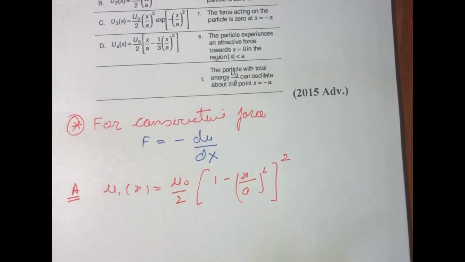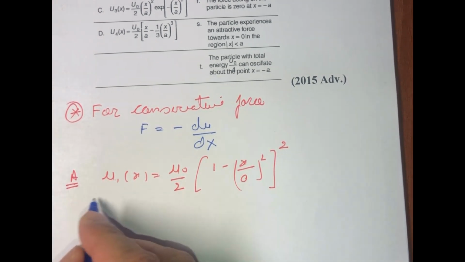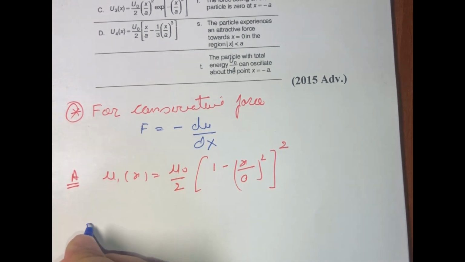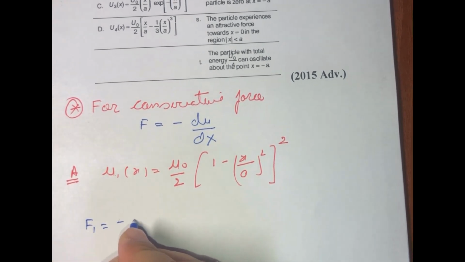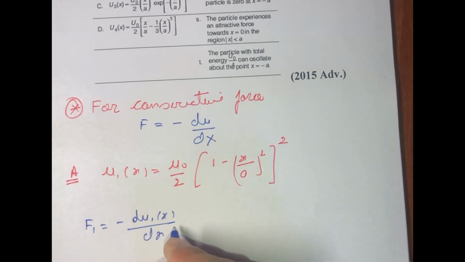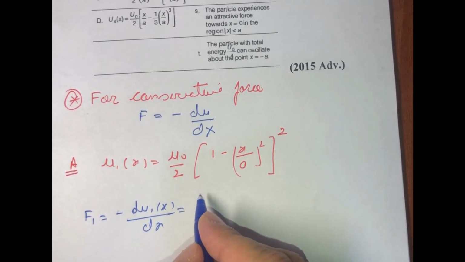Let us find out first of all the value of the force. In this case we are going to call the force F1. So we can say our F1 will be equal to minus dU1(x) by dx, which we can differentiate.